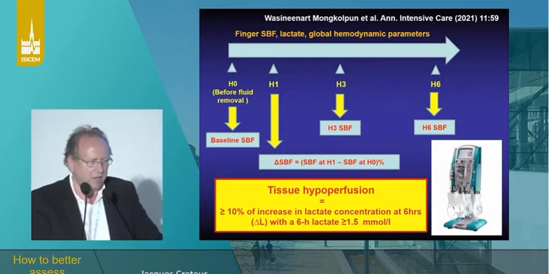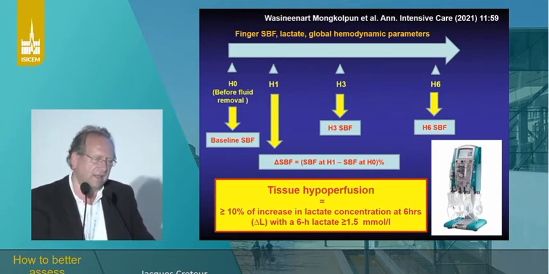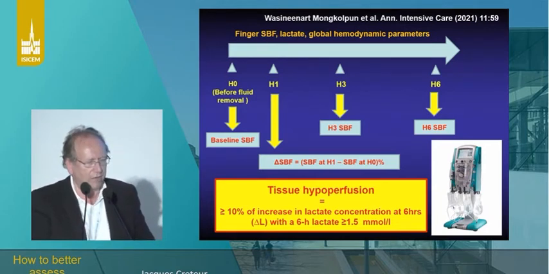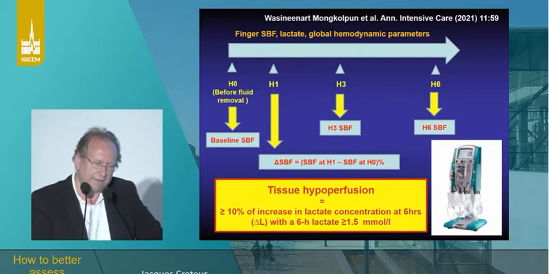As you can see, the physician in charge of the patient decides to start CVVH with removal of fluids, and each hour we assess skin blood flow, together with the thermal challenge. Tissue hypoperfusion was defined, because we need to define it, by an increase in lactate concentration of more than 10%.